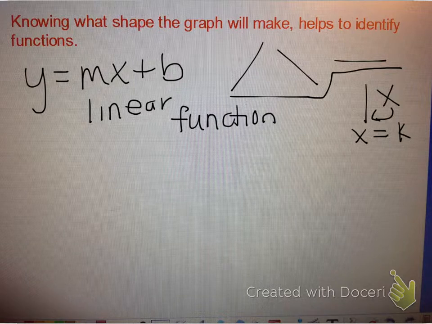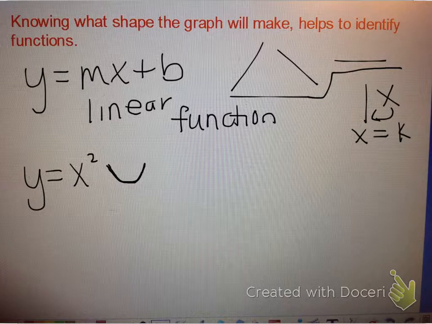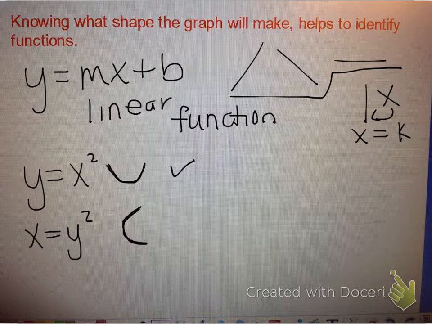And we've talked before about things like y equals x squared. We know to sketch that graph, it does make a U, again, not with 2 dots vertically. This is called a parabola. It's a quadratic, so this, yes, would be a function. Now, if we have x equals y squared, that graph would make this U shape. As you can see, if I draw a vertical line, it hits twice, so that one would not be a function.